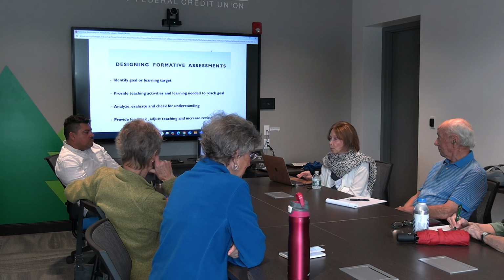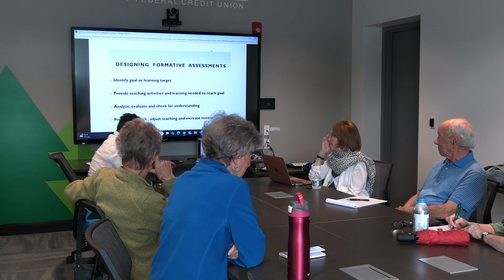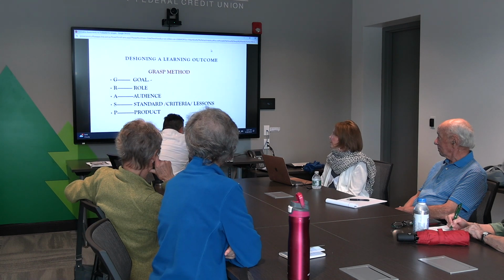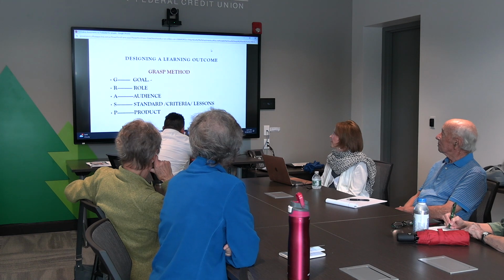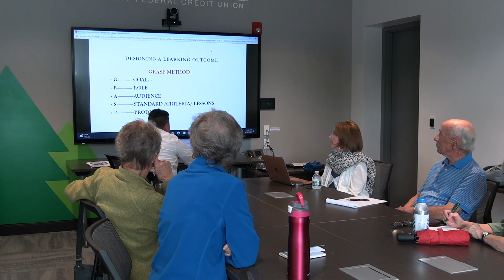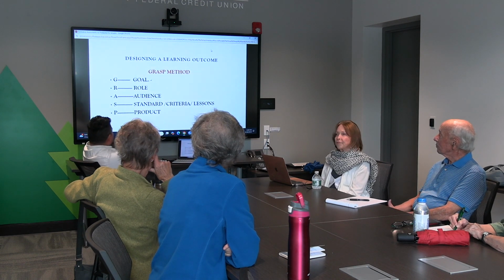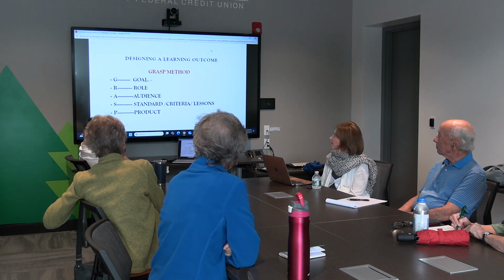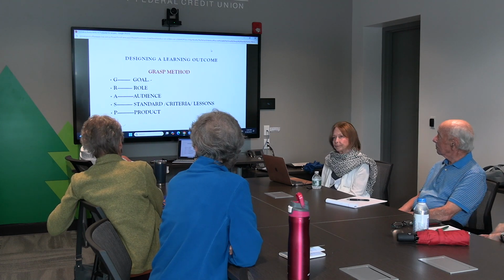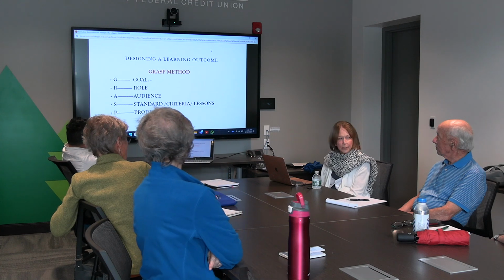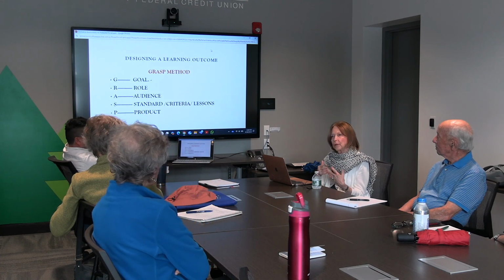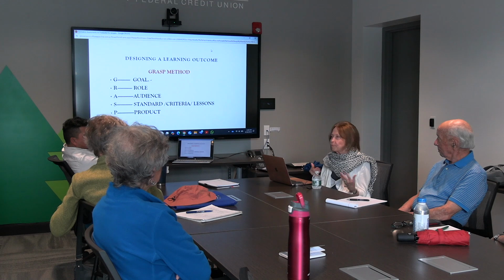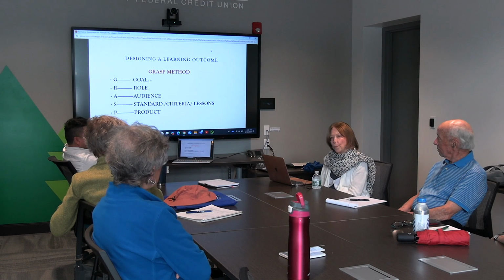Okay, so we're going to, next slide, we're going to think about this, okay? So this is a method for designing a conversation. First, you come up with your goal. What's the conversation? You can work with a student on this. They can tell you what they want. You give them a role.